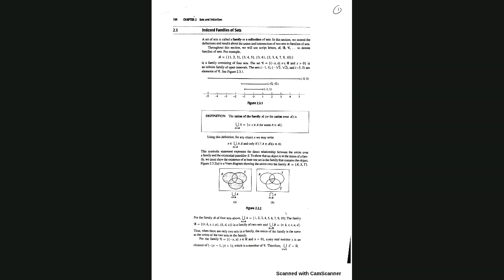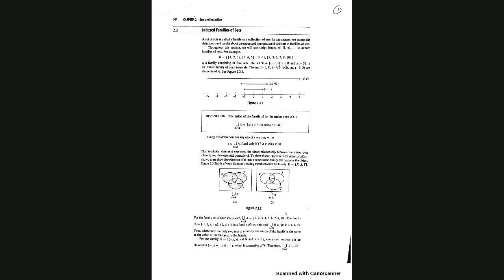And clearly in this case, what's in the intersection of all these sets, if you think about it? What's the intersection between -1 to 1 and negative square root of 2 to 2?